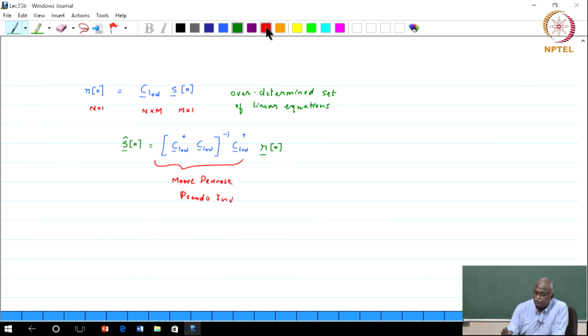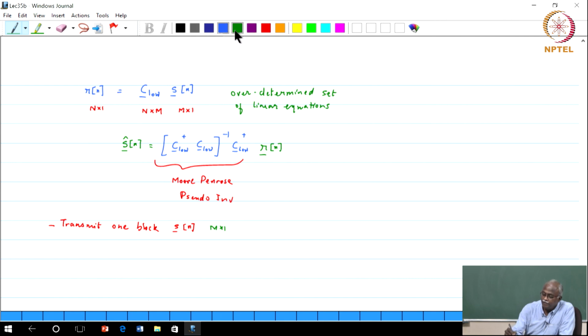The way the whole thing will work is I transmit one block of data. One block of data is given by S of n, and its dimensions are m cross 1.